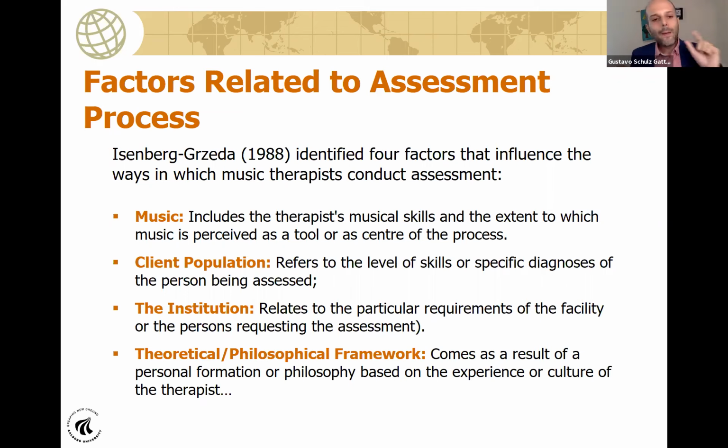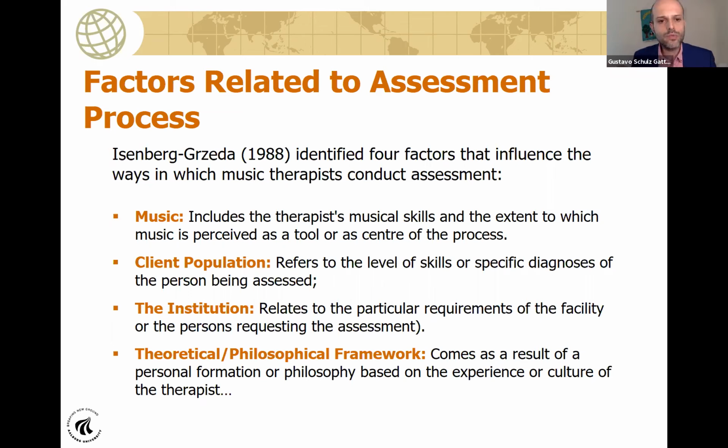But also, what is important is to define how I understand the role of music in music therapy assessment practice. Basically, I can understand music in the assessment process as a tool, or as the center of the music therapy assessment process.